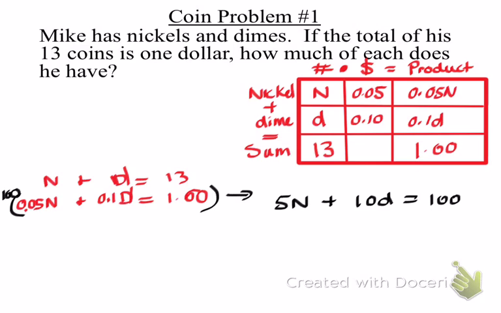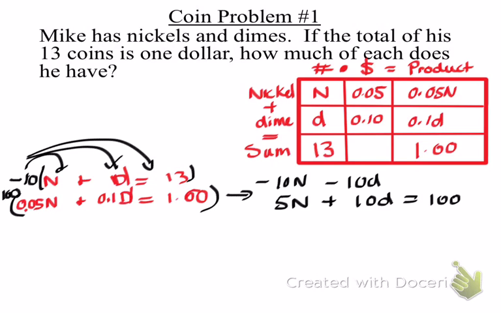You're multiplying it by -5. I'm going to go by -10. I think it's easier. I get -10n, -10d, because it's just less multiplication that I got to think about, equals -130.